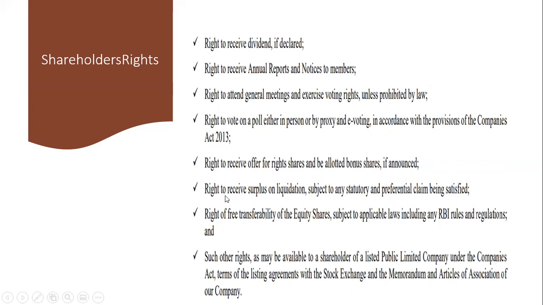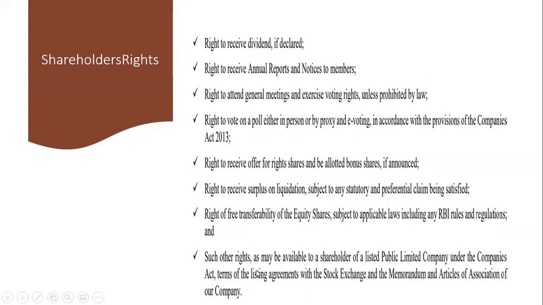We know that the equity shareholders are the residual claimants. Therefore, they will receive the surplus only after meeting all other obligations. The right of free transferability of equity shares: that means every shareholder, after listing, has a right to sell at any time, at any price, as per the market in the stock market.